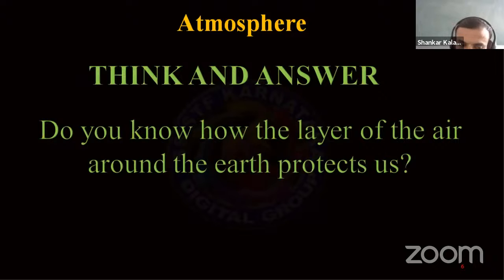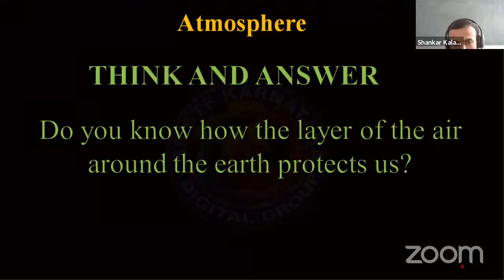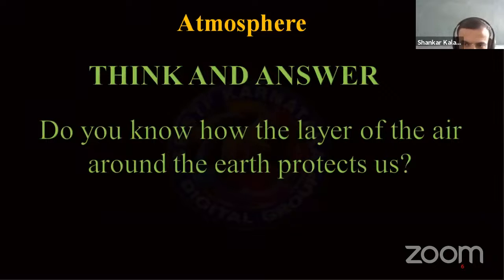Sir, these layers of air protect us from the UV rays of the sun. Ultraviolet rays of the sun. Yes, your answer is right. The layers, especially the ozone layer, trap or absorb the ultraviolet rays, preventing them from entering the Earth's atmosphere.